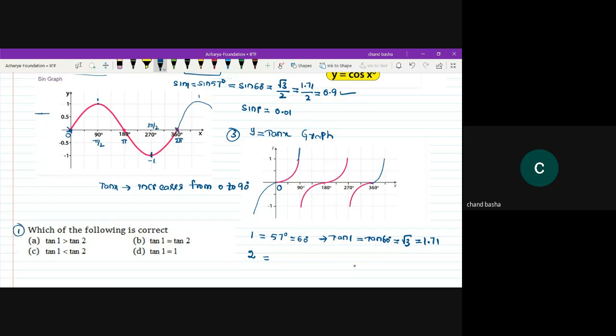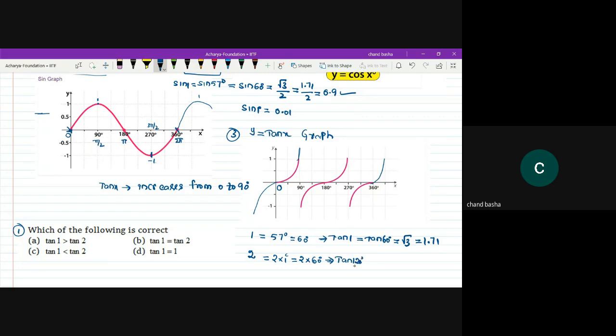No one will discuss like this, that 1 radian is equal to 57 degrees and approximately 60, and then we are taking the comparison. 2 means what we can write? 2 into 1 radian. So 2 into 1 radian means 120 degrees approximately. Tan 120 I can take.